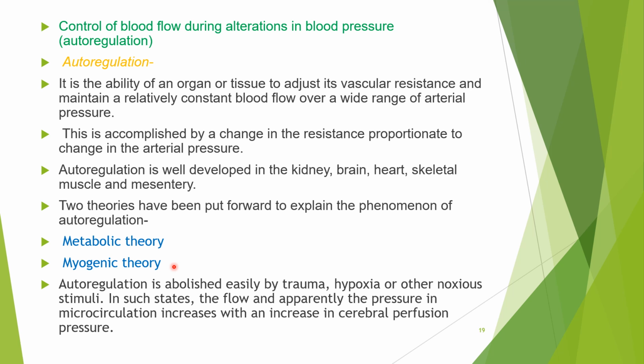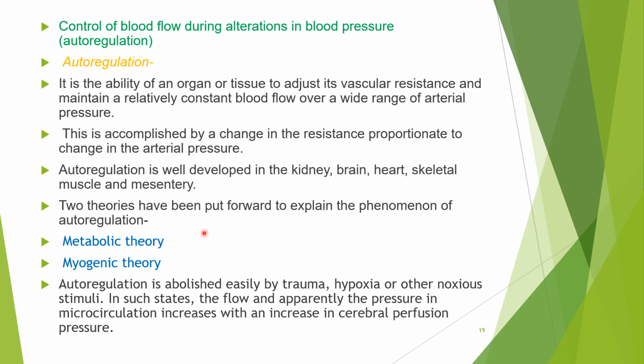As a result, what happens? The arterioles will constrict and again it will increase the vascular resistance and return the cerebral blood flow to the normal levels. So, what is the metabolic theory telling? Initially, the blood flow is increased because of the increase in the perfusion pressure.